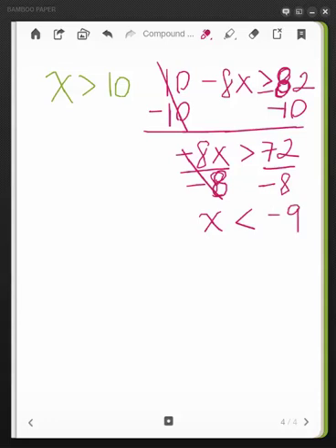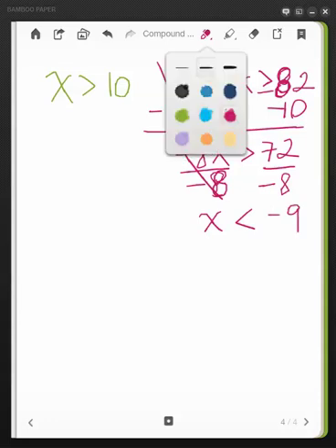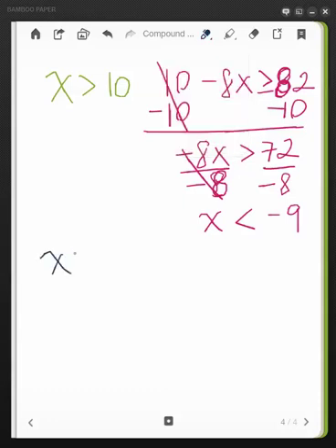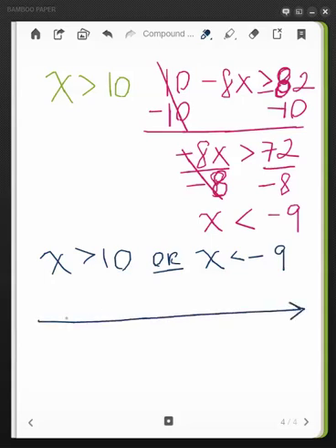So now we have our two parts of our inequality. So let me go back to our blue color. And we're going to have x is greater than 10 or x is less than negative 9. So I'm going to go back to my number line. This is going to be negative 9, 0, positive 10.